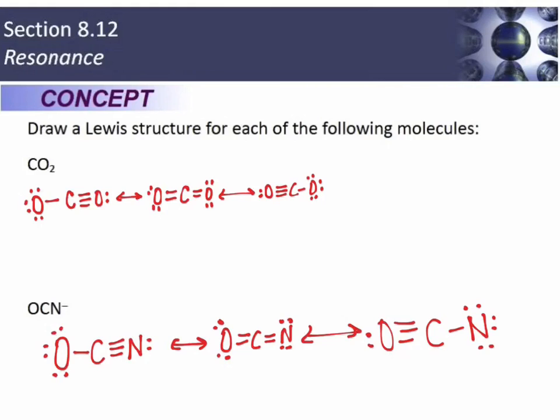So those are all structures that we're going to have. And we're going to see that some of these are more dominant than the others, depending on formal charges. We have to include the brackets. Yes, thank you. So include the brackets. I forgot that.